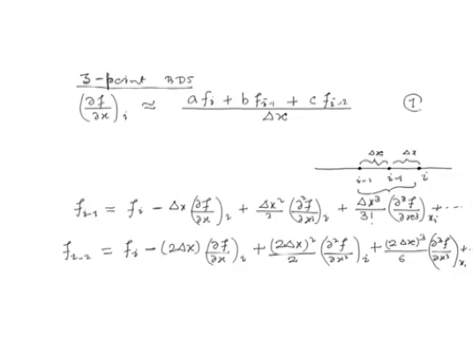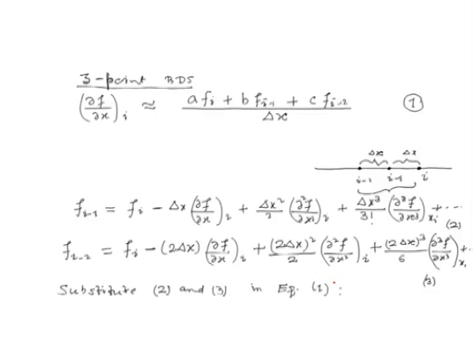Now, let us substitute these expressions in our formula. Let us call that 1, the expression for f I minus 1 equation 2, and the expansion for f I minus 2 equation 3. So, substitute 2 and 3 in equation 1.